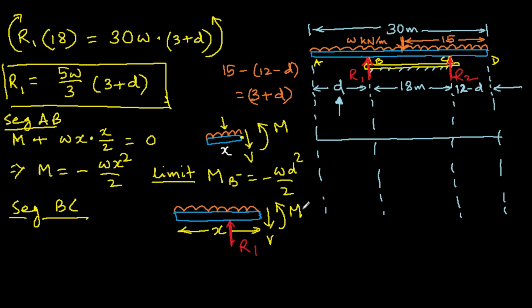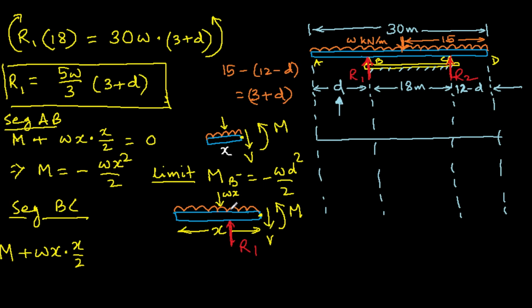Now let me write the equation. Taking moment about this point, counterclockwise, M plus w times x times x over 2, as if this full weight w x is acting here.